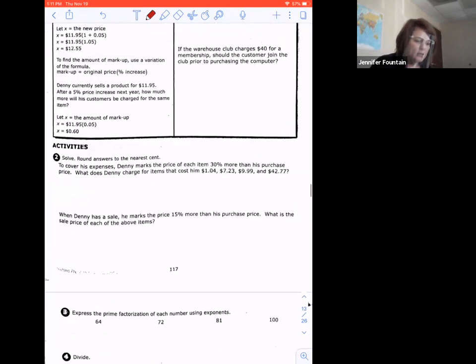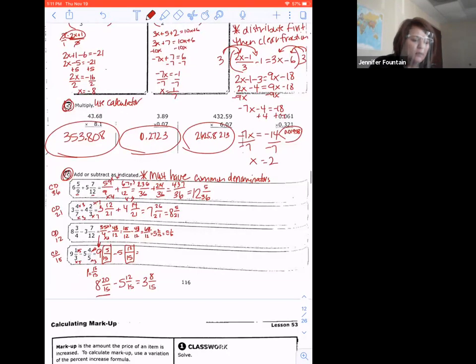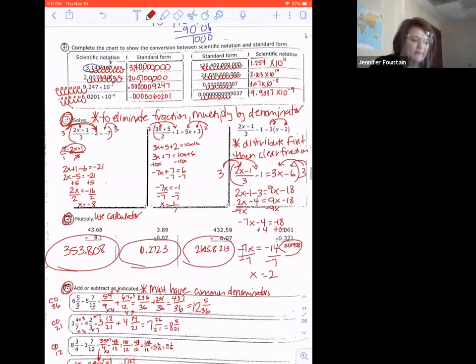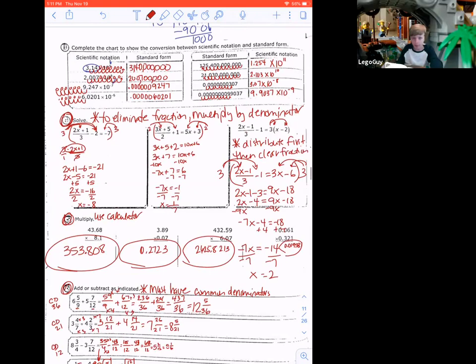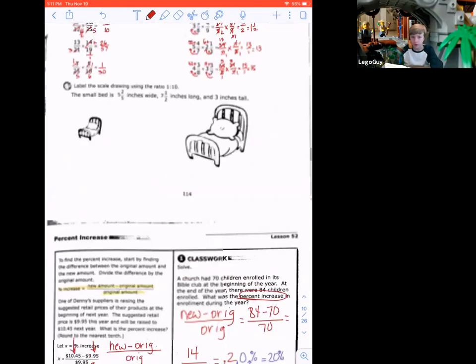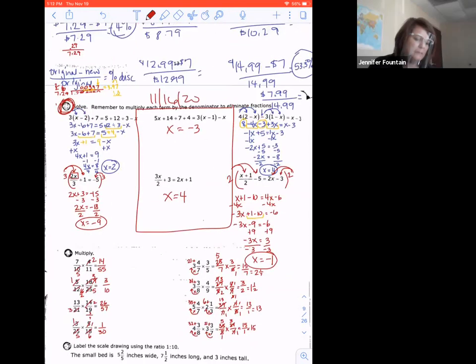And then, which ones are you saying that I didn't check? The second part of activity 2. No, on lesson 51, like the beginning of lesson 51.